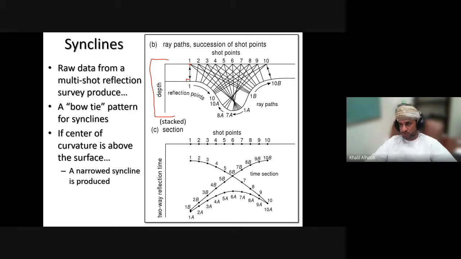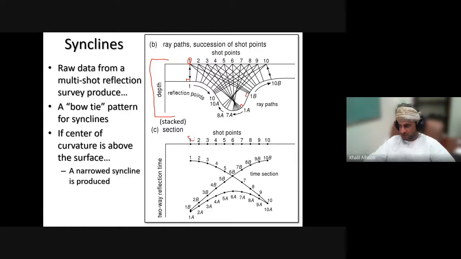The energy goes directly down and reflects back when the interface is perpendicular to the energy itself, to the incident angle. That's one. This is another one. Here it's also perpendicular. This is as well another one. So I receive 3 different reflections at source receiver pair 1.